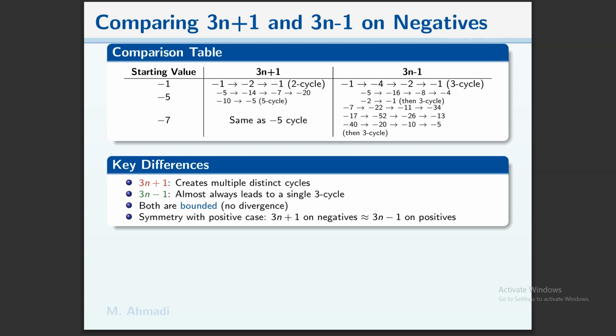Both are bounded, not divergent. They converge, but with a cycle. Symmetry with the positive case: 3n plus 1 on negatives is approximately equal to 3n minus 1 on positives. They have mirror behavior.